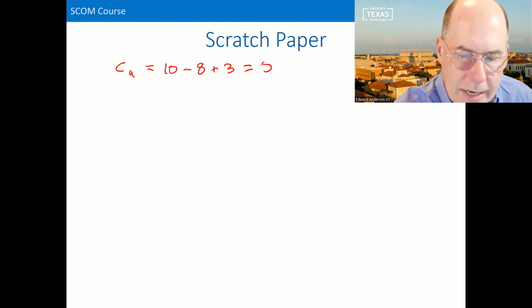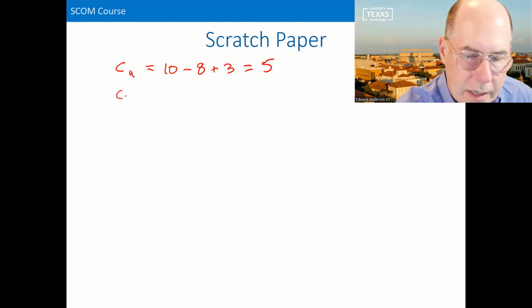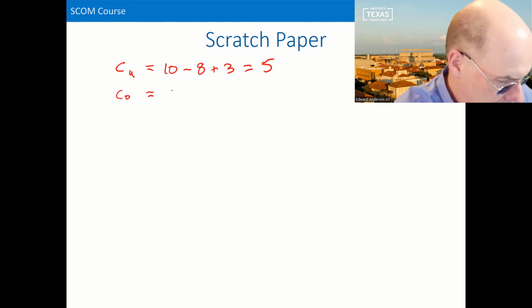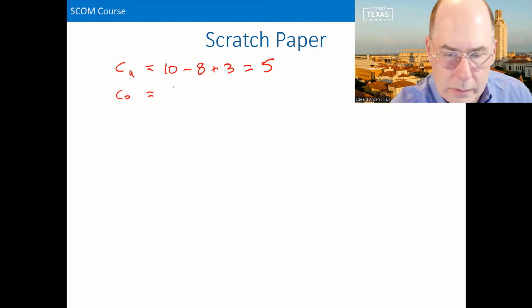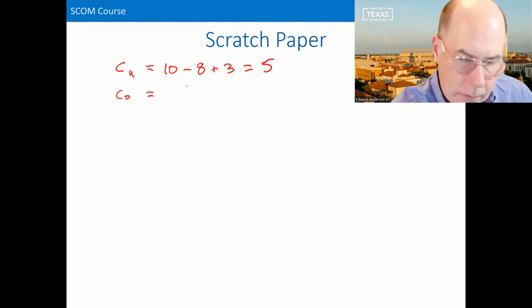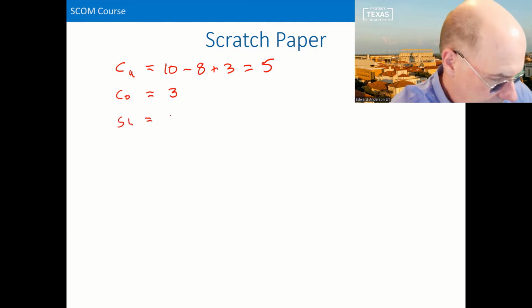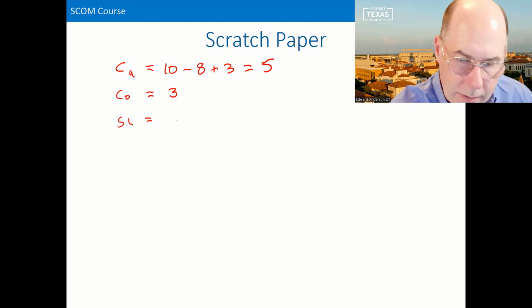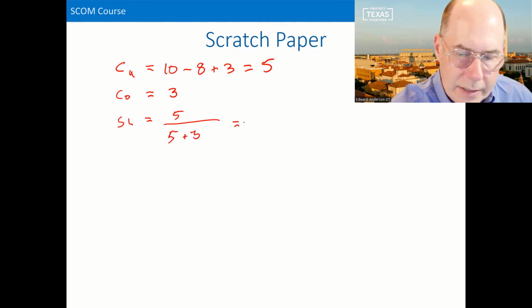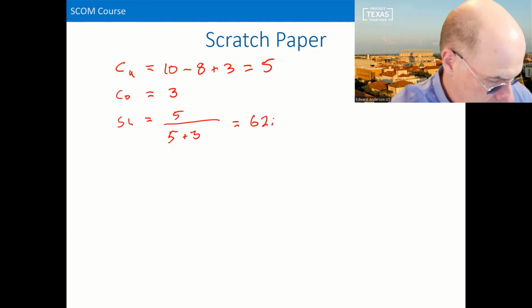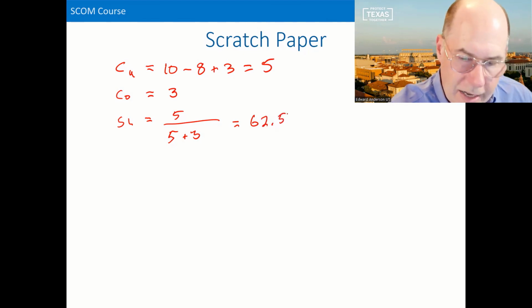So it's equal to $5 a suit. Cost of overstocking is the same as it was, which is $3. And hence our service level is going to be 5 over 5 plus 3 equals 62.5%.